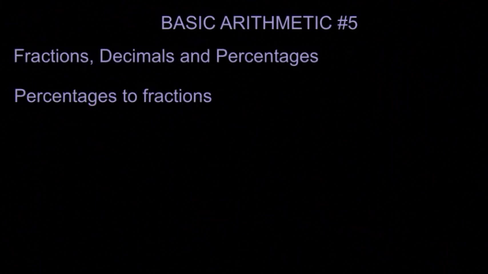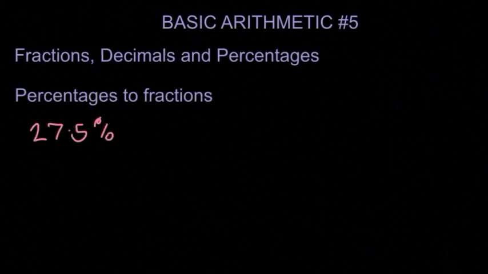Now, when it comes to percentages to fractions, the key thing to remember is that a percent is a measure out of 100. 27.5% could be thought of as being 27.5 parts in 100.